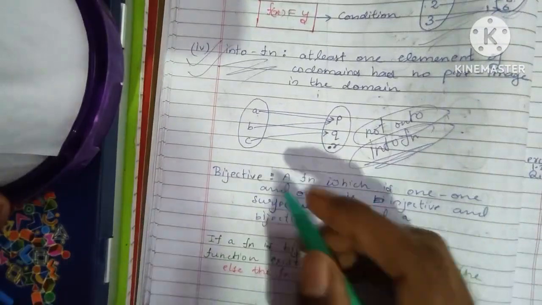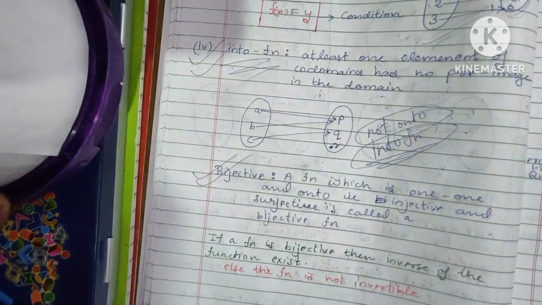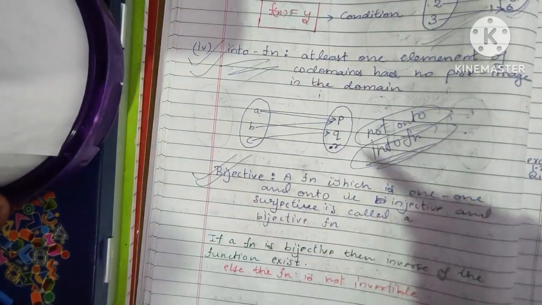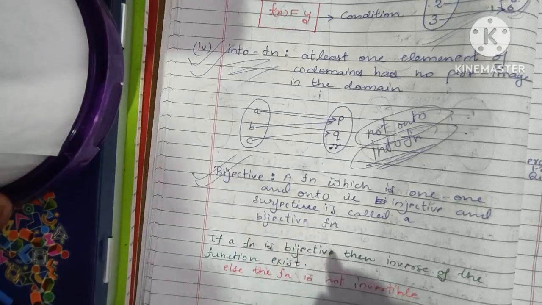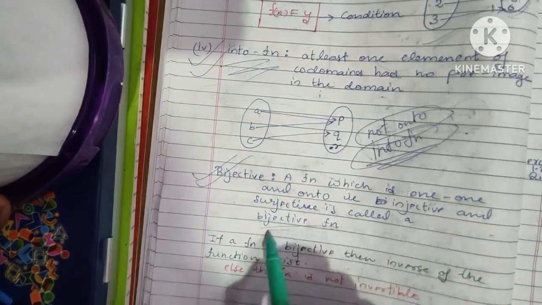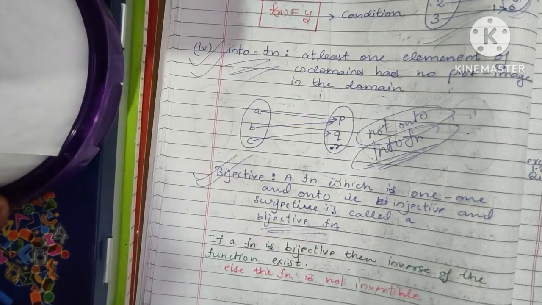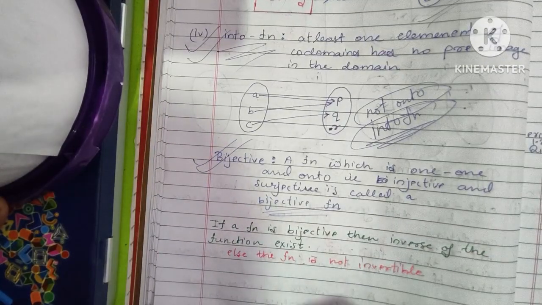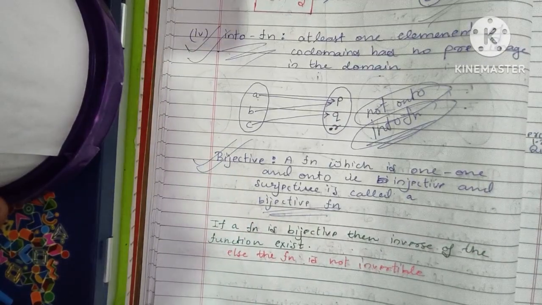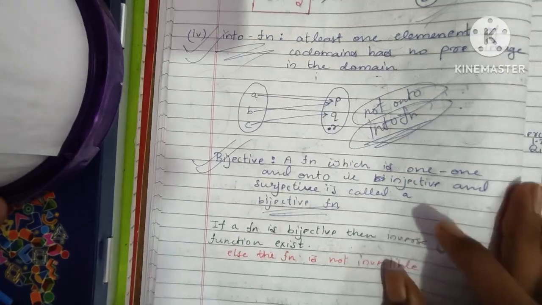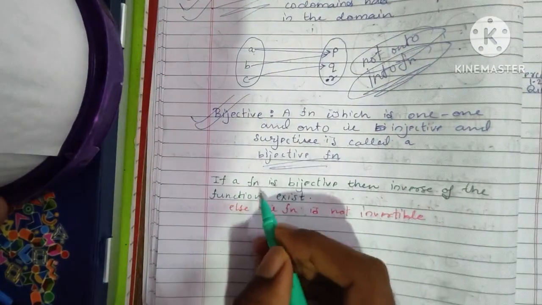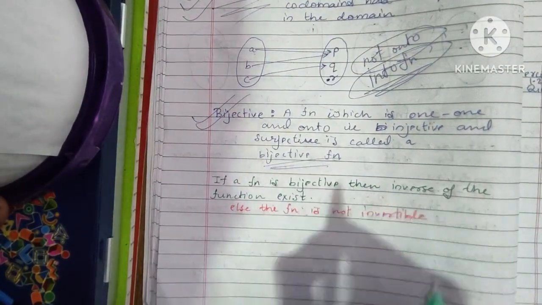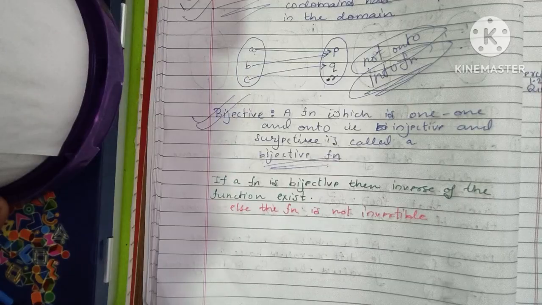So next one is bijective function. A function which is 1, 1 and onto, that is injective and surjective, is called a bijective function. So next you have to remember that if a function is bijective, then the inverse of the function exists.